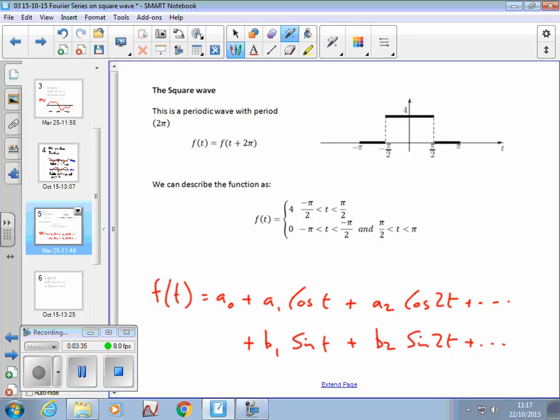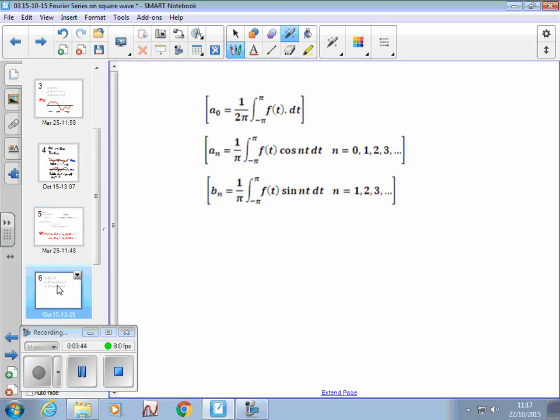So now what we need to do is to find the values of A0, A1, A2, B1, B2 and so on. And to do that we use these integrals, which are intended to come up with a value of the average over a particular cycle.